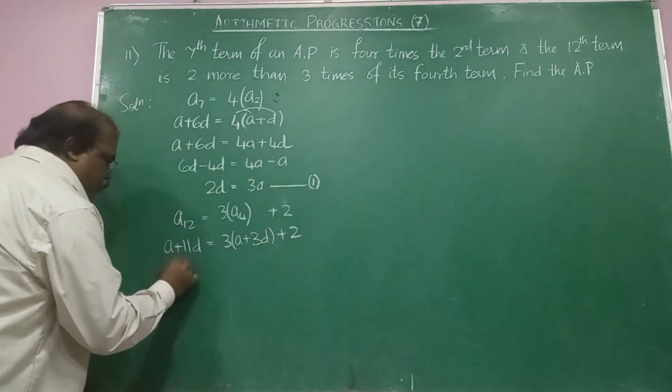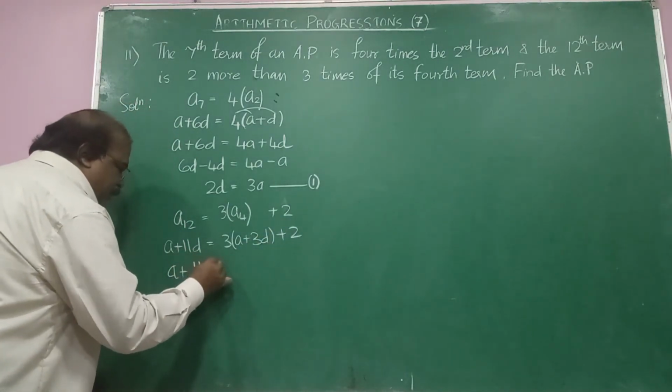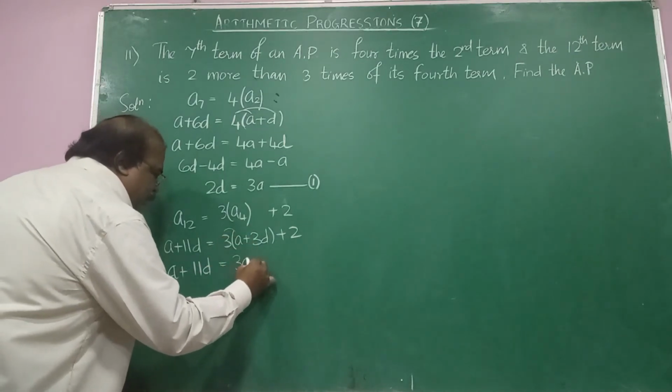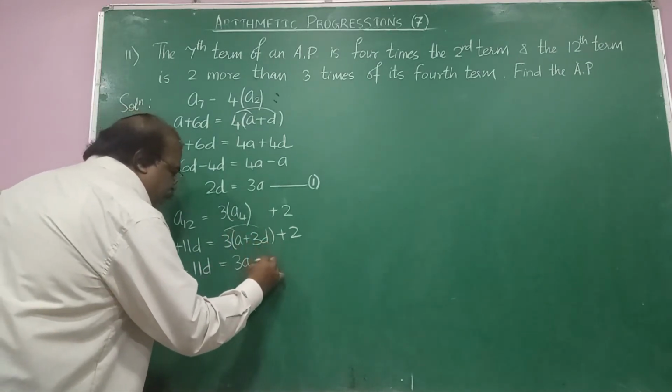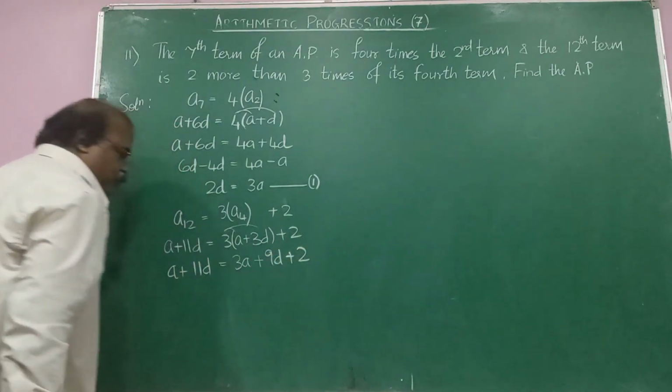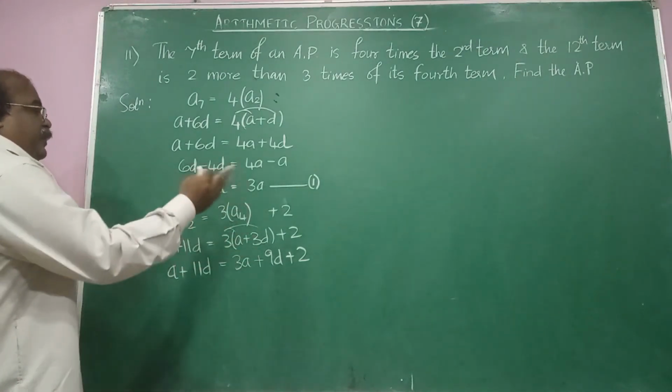So you get A plus 11D is equal to 3 into A, 3A, 3 into 3D, 9D plus 2. Once again, let me keep D on one side.